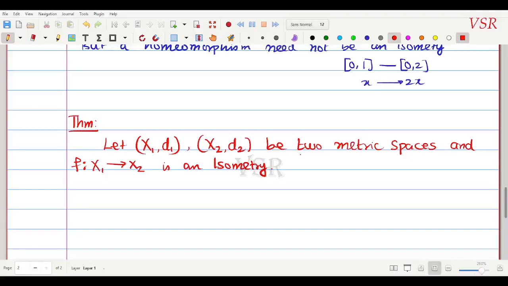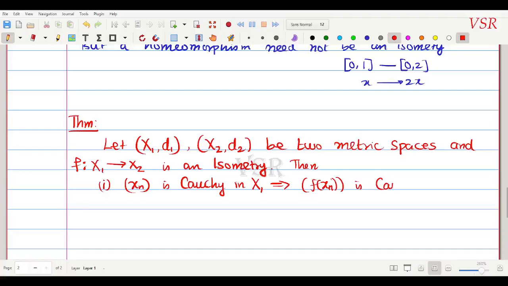Then என்னென்ன ப்ராப்பர்ட்டிஸ் எல்லாம் கிடைக்கும் அப்படின்னா, number one வந்து என்னதுன்னா, if xn is Cauchy in X1 implies that f of xn is Cauchy in X2. Okay, so Cauchy sequence will carry to Cauchy sequence. Of course, this is if and only if condition கூட நீங்க போட்டுக்கலாம், because we are having an isometry. So xn is Cauchy if and only if f of xn is Cauchy in X2.